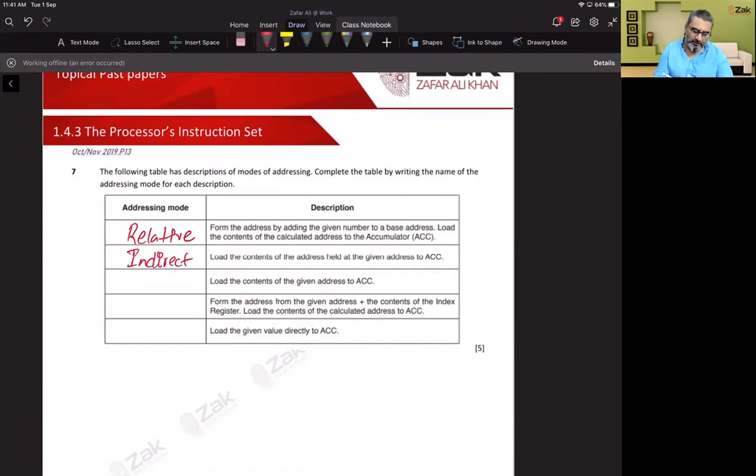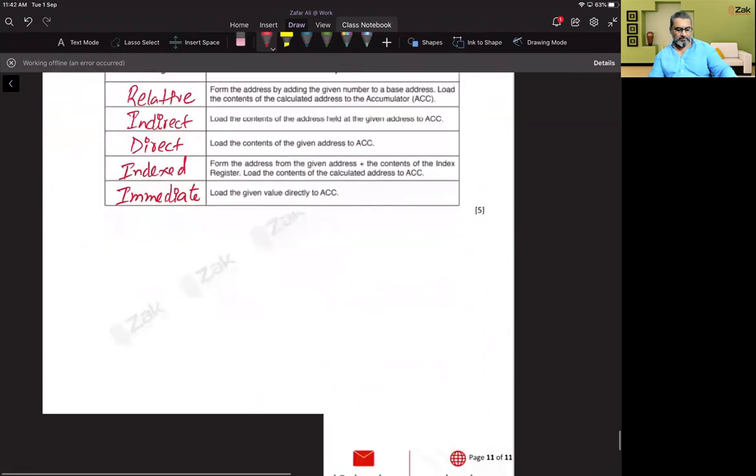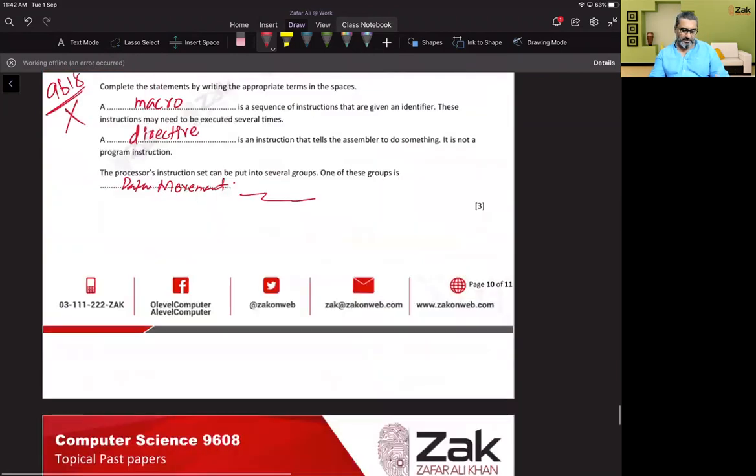Load the content of the given address to the accumulator: this is direct. Form the address from the given address plus the content of the index register: indexed. Load the given value: immediate. So that's about it.